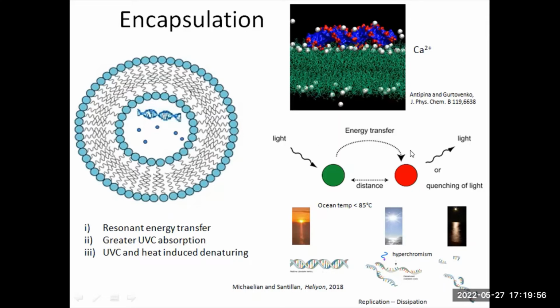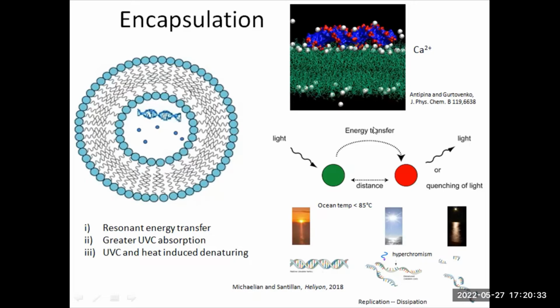We could get this energy transfer as long as the distance is not too great between the DNA and the fatty acid vesicles. So if these fatty acids are absorbing photons, then they can dissipate through DNA, even if they don't have a conical intersection. So again, the two systems together would be greater dissipating than the separated systems. And that's what we have to show, that we always get an increase in dissipation as we go through complexation in life.